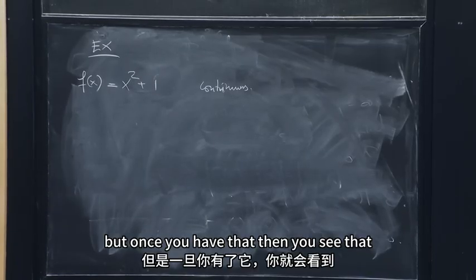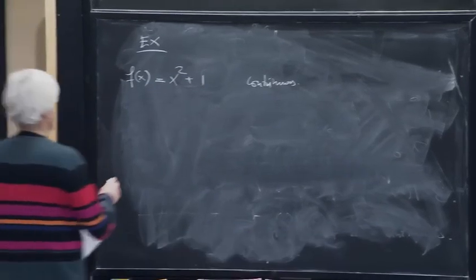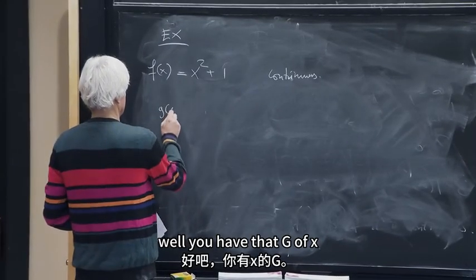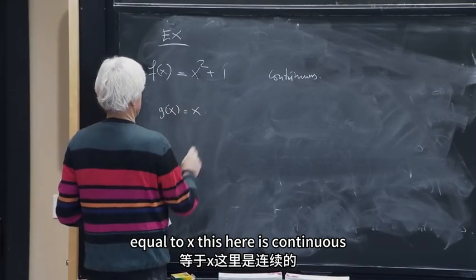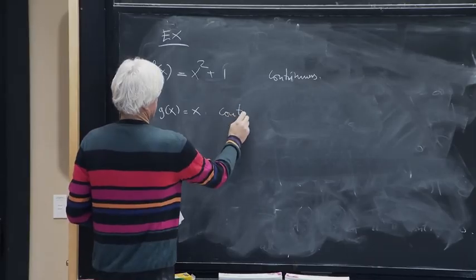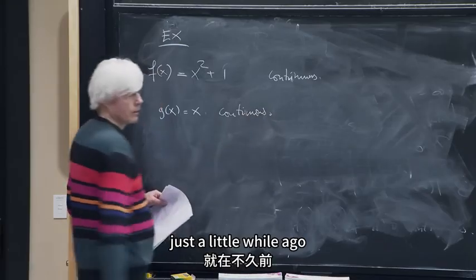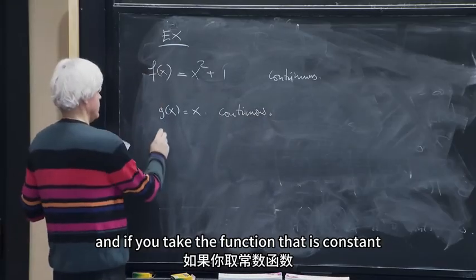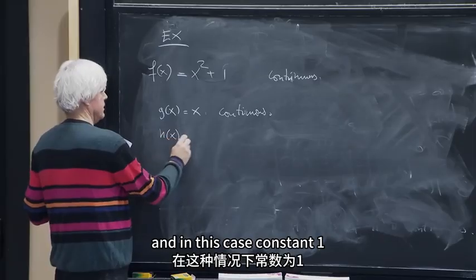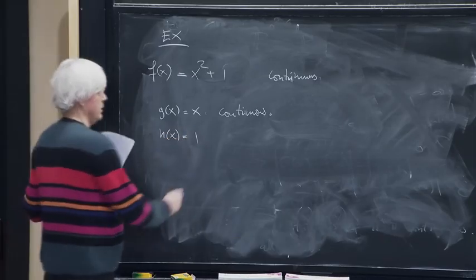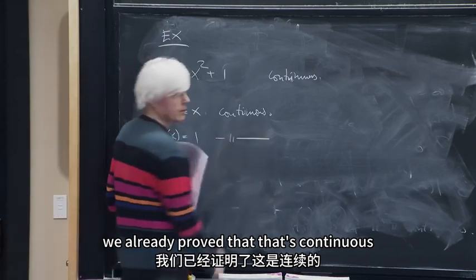But once you have that, you see that you have g of x equal to x. This here is continuous, which is what we proved just a little while ago. And if you take the function that is constant, in this case constant 1, we already proved that that's continuous.